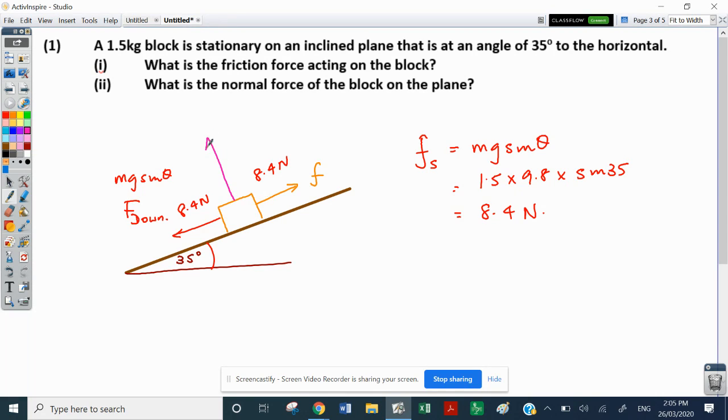The normal force on there is the same as always, and that must be mg cos theta, which is 1.5 times 9.8 times cos of 35. I'm not going to evaluate that because that does not change from what we already know how to do.